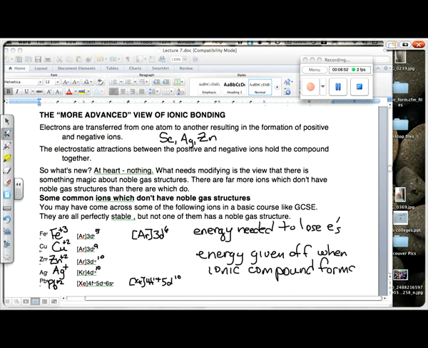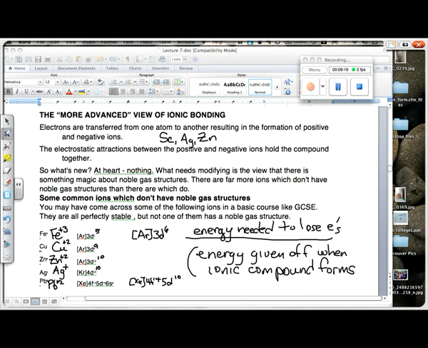Opposites attract, and so energy is always given off when an ionic compound forms. So you have this cannot be larger than this. If so, then the compound will not form. So metals lose the amount of valence electrons that enable this process to occur.